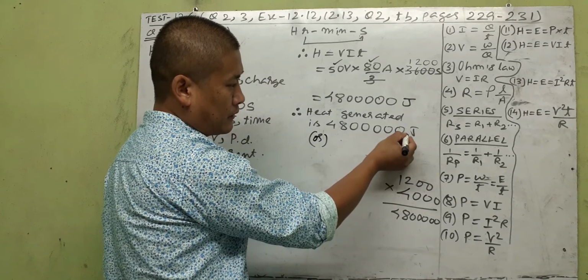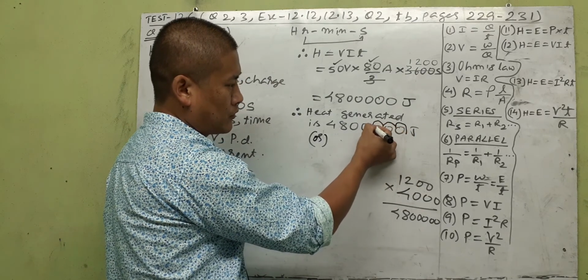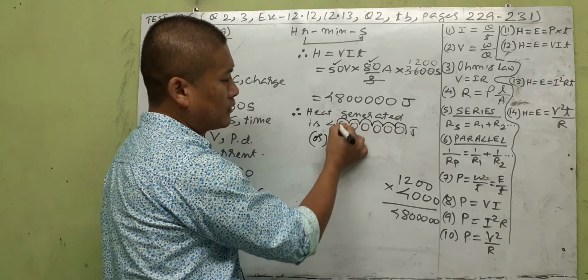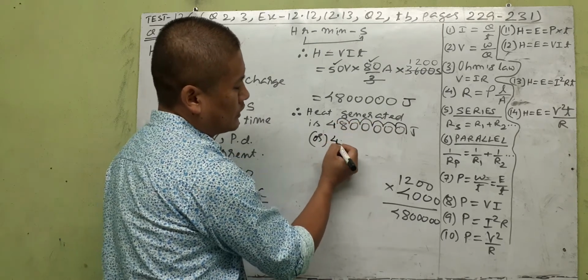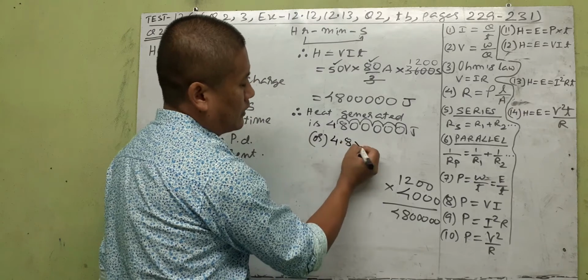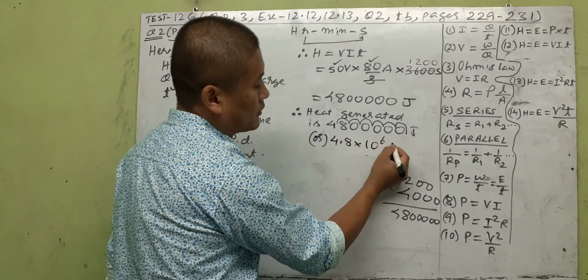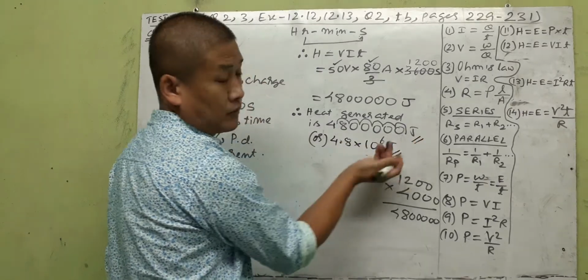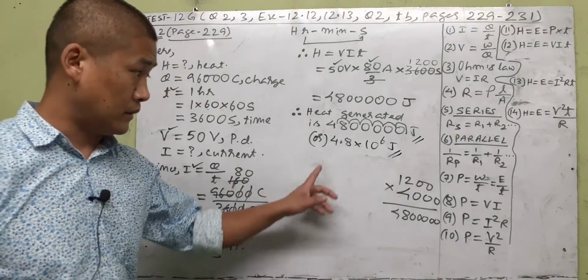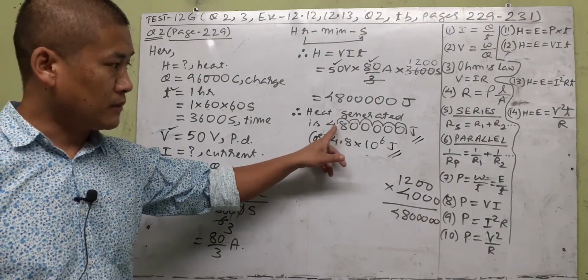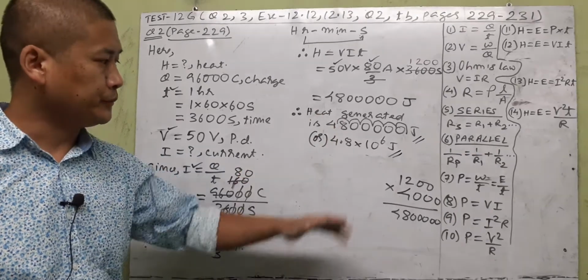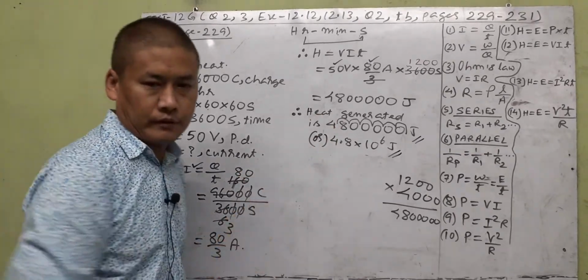So shift it 1, 2, 3, 4, 5, 6, then only come up to the first digit 4. Then 6 places you shift, so 10 to the power 6. Either like this also fine, but some textbooks prefer like this. Standard form means bringing the decimal after the first digit on the right. So this much joules of heat is generated in the process.